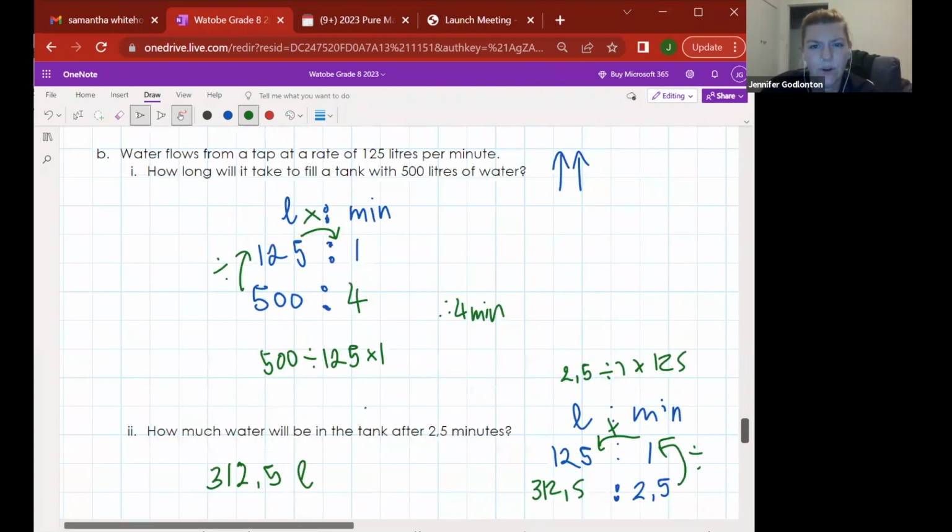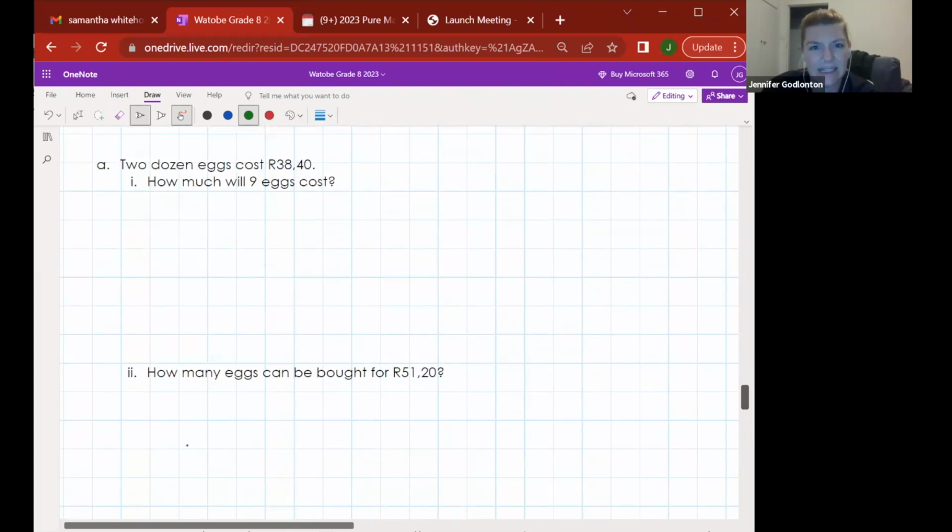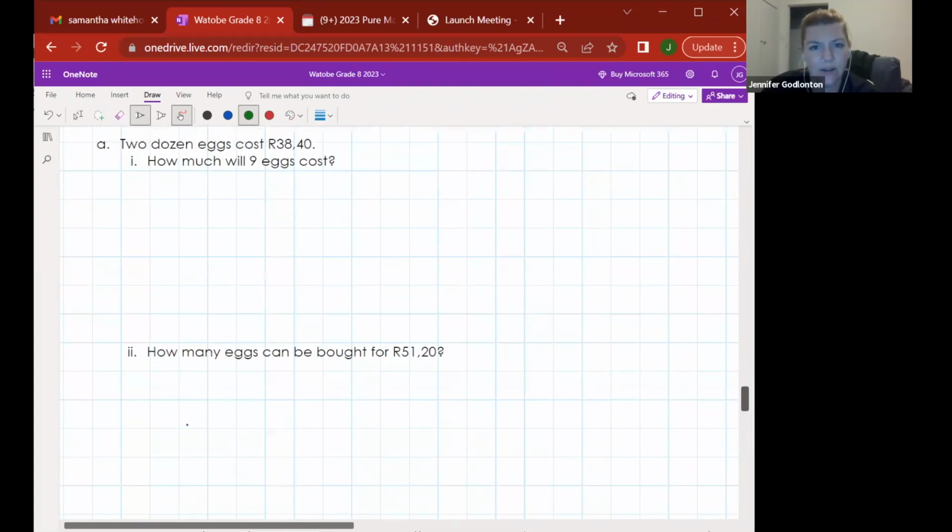Let's do the eggs. Let's do the egg question. So this one should be nice and quick, guys, because it's basically the exact same idea of what you've just done. The only difference that we first need to talk about is this. So who can tell me what number 2 dozen is? What number is 2 dozen? Beautiful, 24. So 1 dozen is 12.